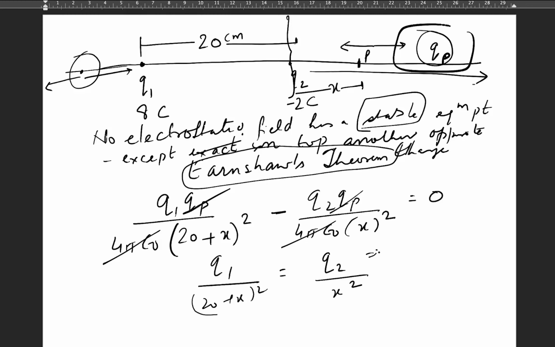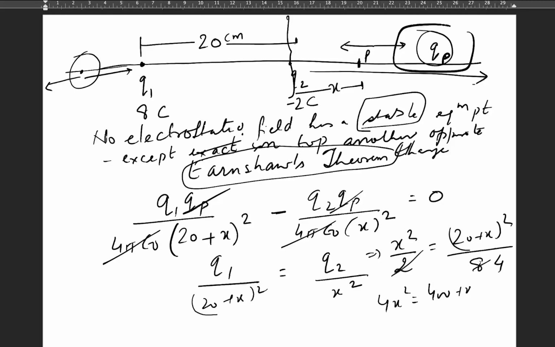So x squared by Q2, which is 2, equals (20 plus x) squared by 8. So 2 4s. So 4x squared is equal to 400 plus x squared plus 40x.